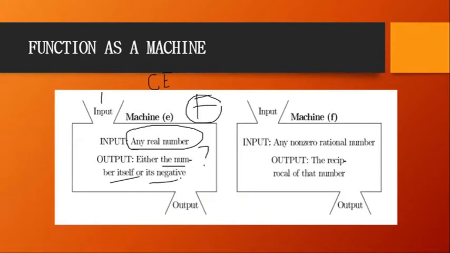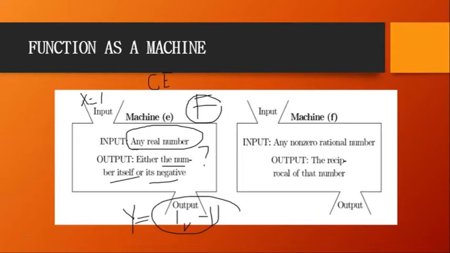Either the number itself that is 1, tama? Its negative, that is negative 1. So dito pa lang sa part na to, magkaiba na yung sagot. Okay? Ibig sabihin, kung ang x mo dito ay 1, ang y mo dito 2. Isang 1 at isang negative 1.